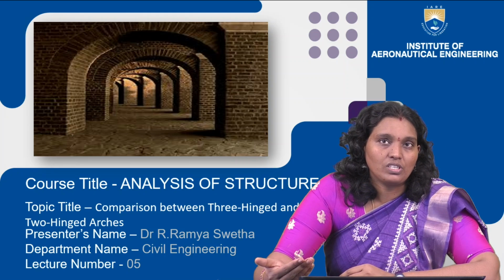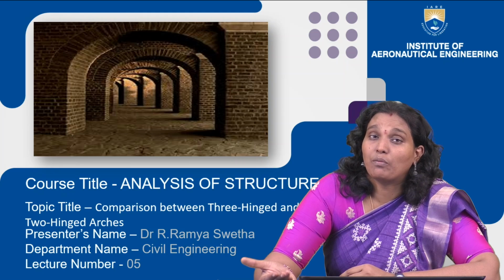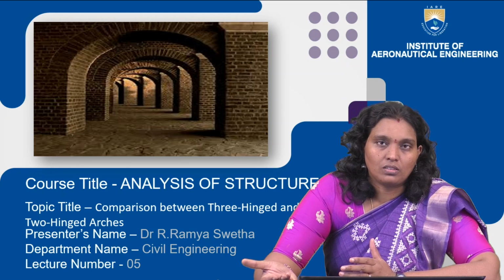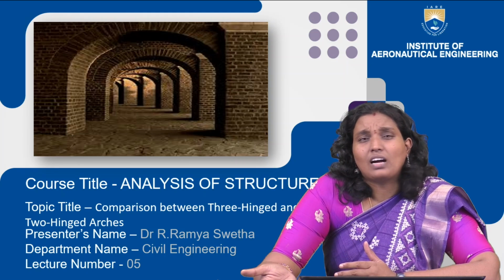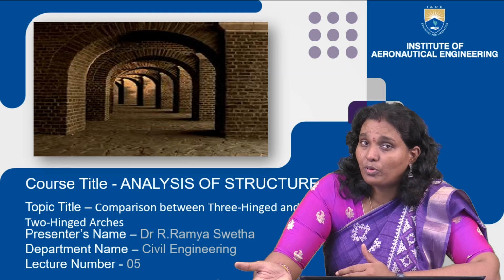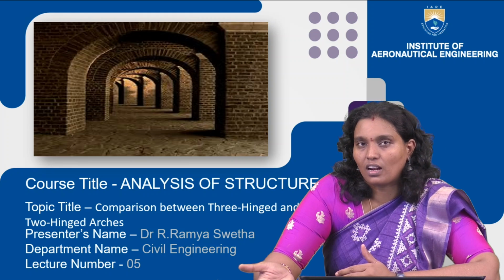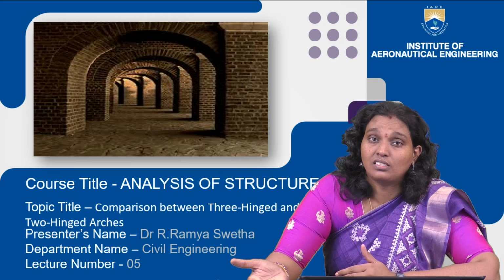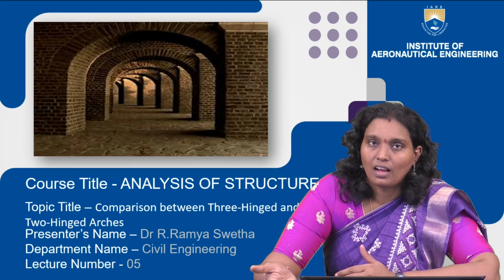In some situations, the equilibrium equations are more than enough. In other situations, like some arches, we need additional compatibility equations to find the unknowns, like the various forces and reactions involved in that particular arch.